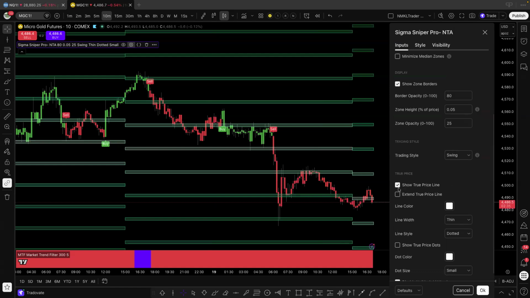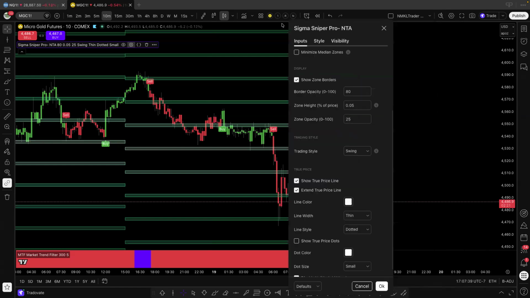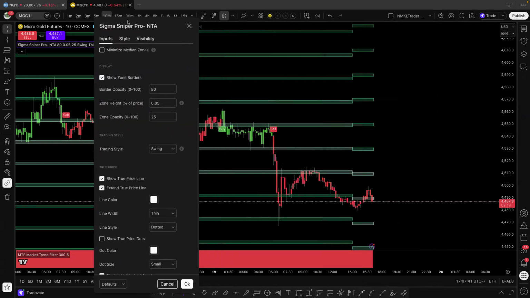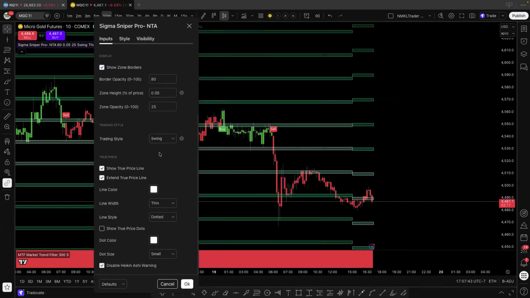Now, I like to show true price and extend it across because this is set up for either using Heikin Ashis or you don't even have to use Heikin Ashis. Totally up to you. All right, just something to be aware of there. Then you only use the true price dots when you're using Heikin Ashis.